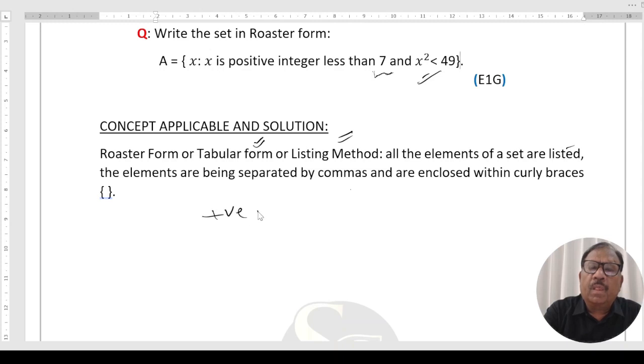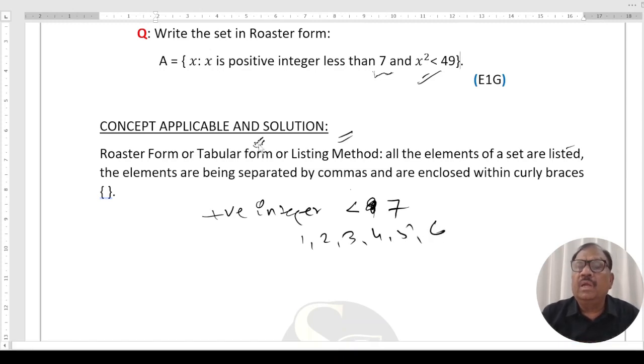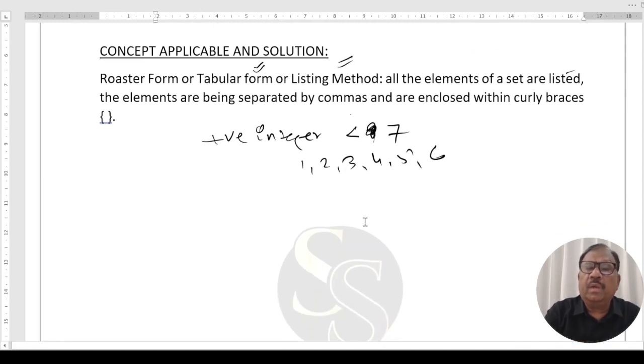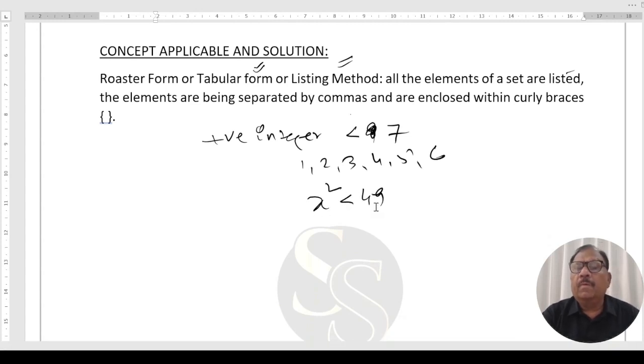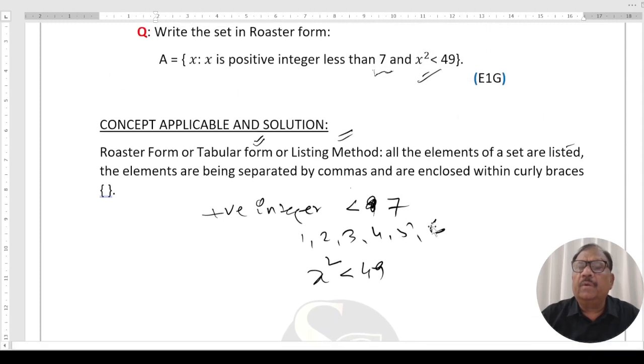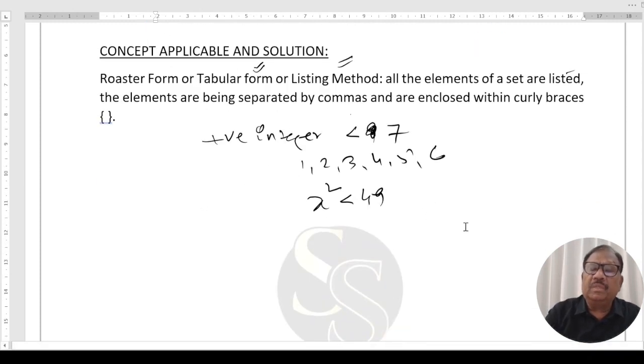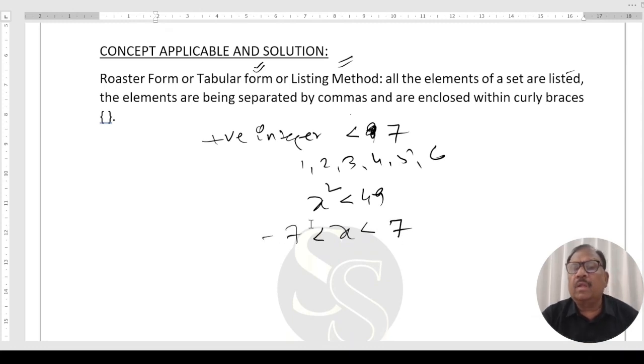Positive integer less than 7: 1, 2, 3, 4, 5, 6. This is our first condition. And second is x square less than 49, which means x lies between minus 7 and 7.